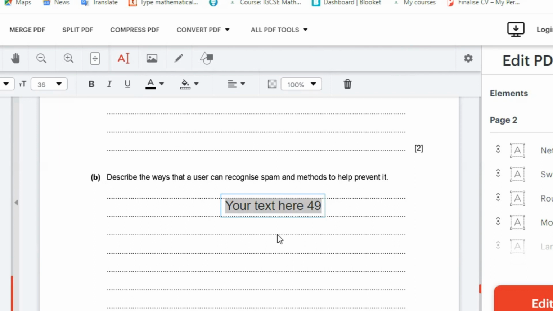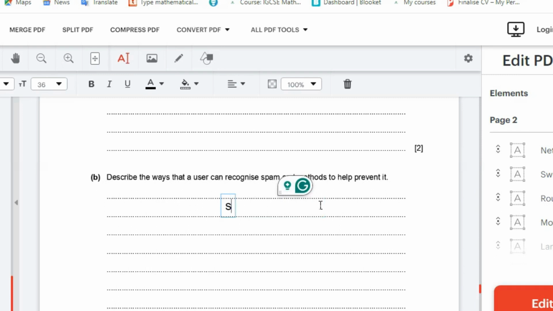Spam is junk mail. Or you can say spam is unwanted or unsolicited emails.